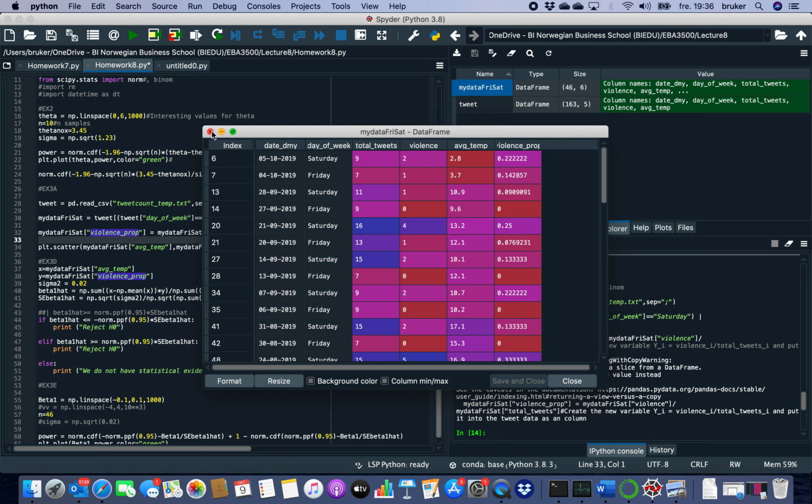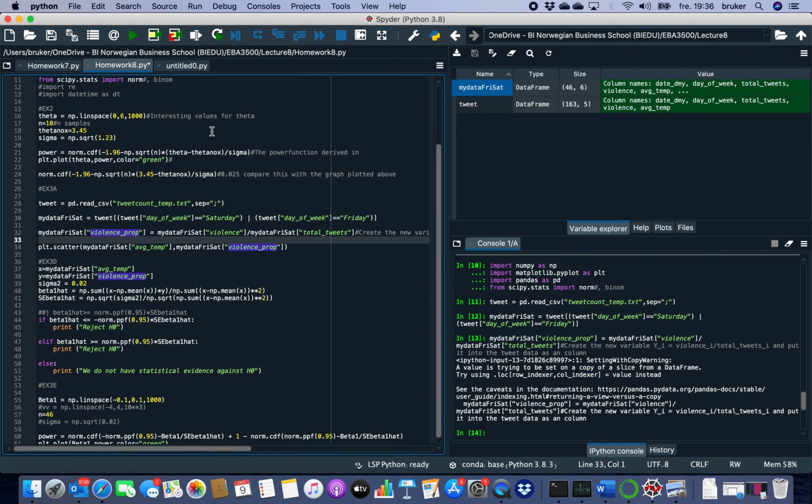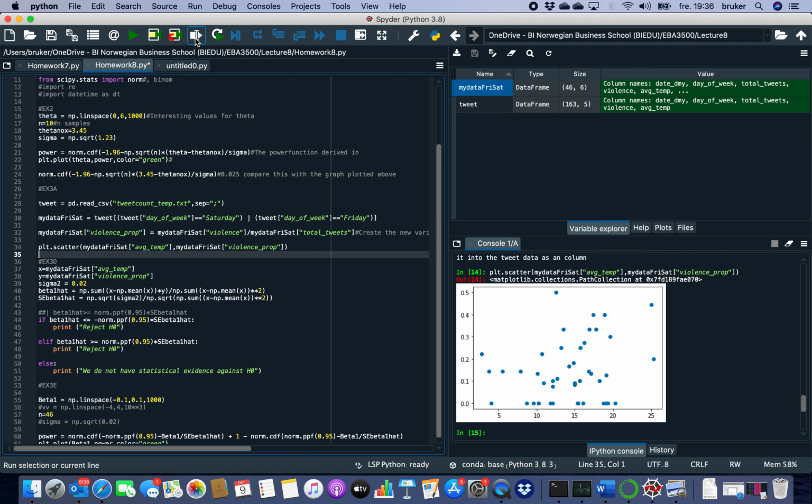Okay. And then I take this out. And then we are asked to plot average temperature against this violence proportion. So then I run that command, and we get a scatter plot. And this looks like figure 2 in the assignment.